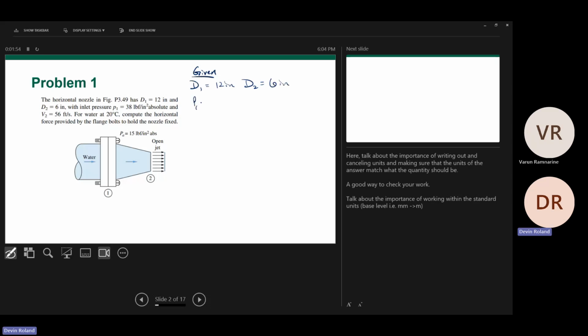Pressure 1 is 38 pounds force per inch squared, or you could say PSI. The second velocity is 56 feet per second. And we have water at 20 degrees Celsius.